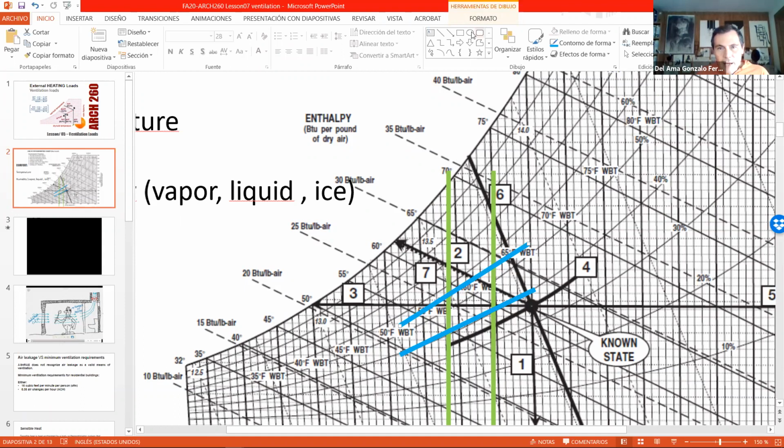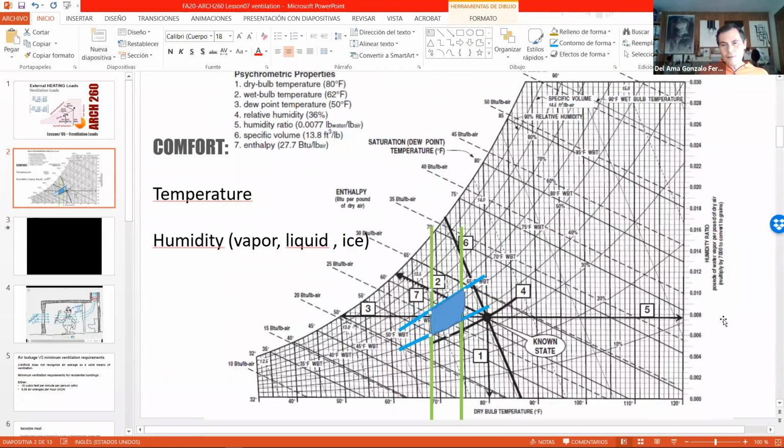Okay, so in that, I'm going to make it better. Okay, so this is the rectangle in which we have comfort.